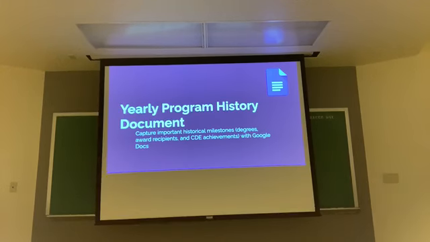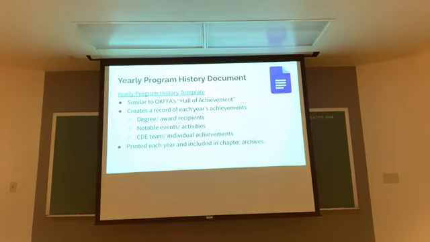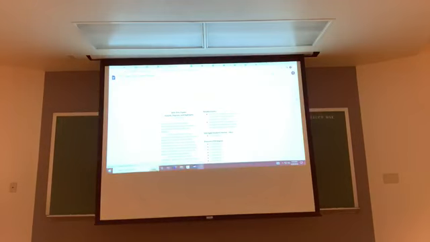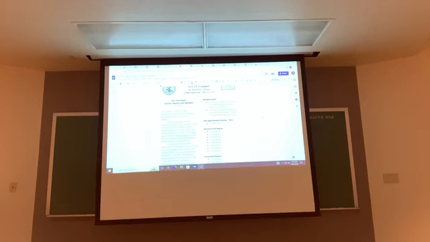The ones that I used, mainly because I was a new program and didn't have a whole lot of history, is a yearly history sheet. I wanted a way to capture who got their chapter degree, when they got their green hand degree, things like that.